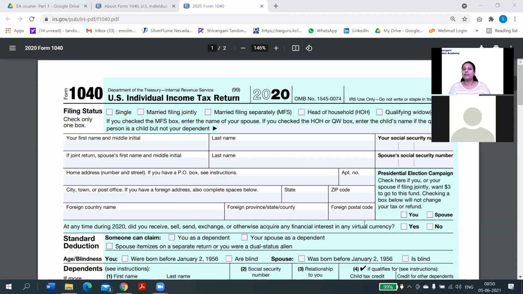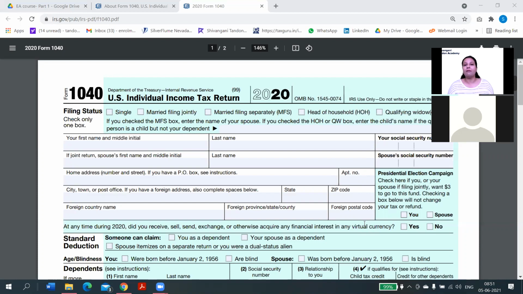Third filing status is MFS, married filing separately. Married filing separately means you have a couple who, as per the law, are supposed to file the return in a combined income. However, the husband and wife found that filing separate returns will give them more tax benefit.